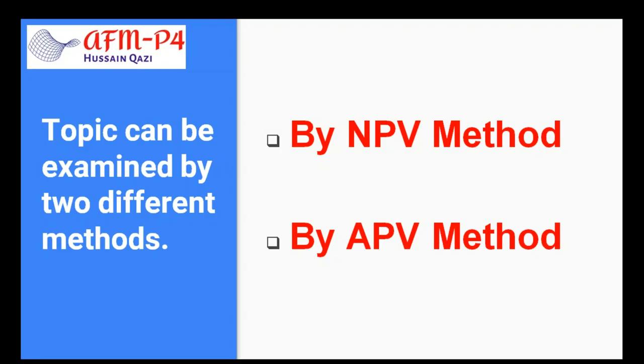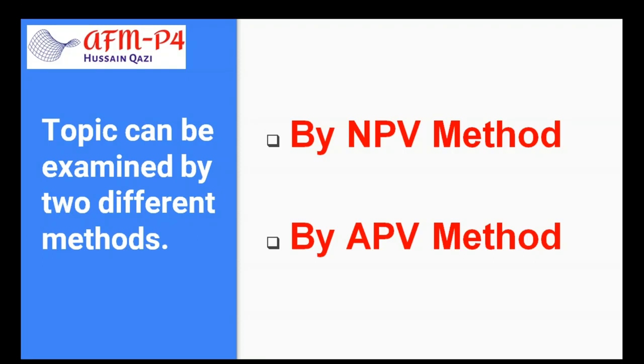If yes, the capital structure changes, for either local or international projects, then we will use the APV method. So candidates, foreign investment appraisal can be examined either by NPV method or APV method.